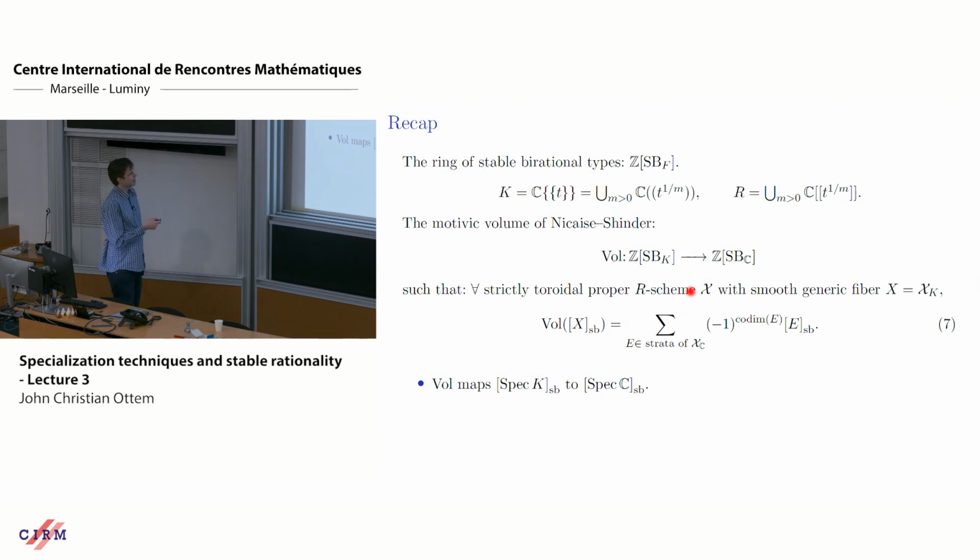Then this ring map is a map from the stable birational types on the generic fiber here to the special fiber. So you take the alternating sum of the strata of the special fiber.